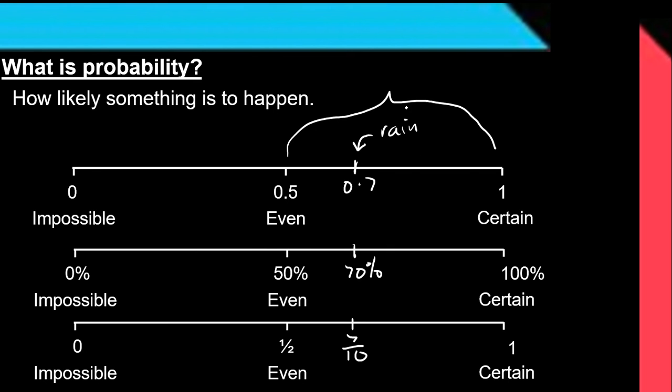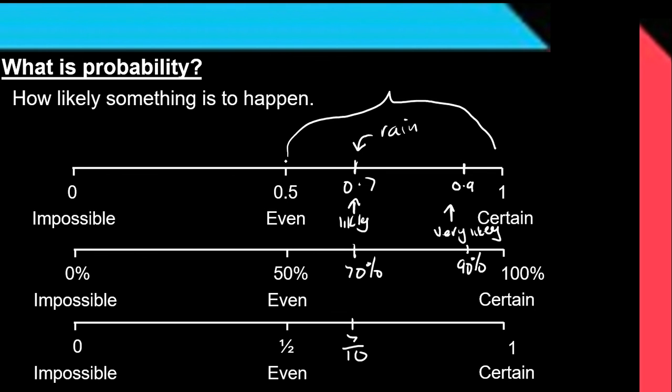Because it's 0.7, it's in the upper half of the scale, so I would say this is likely going to happen. It's likely that it will rain tomorrow. The closer to 1, the stronger that it's going to happen. So let me say, for example, it is a 0.9 chance or a 90% chance. We would say this is very likely to happen.